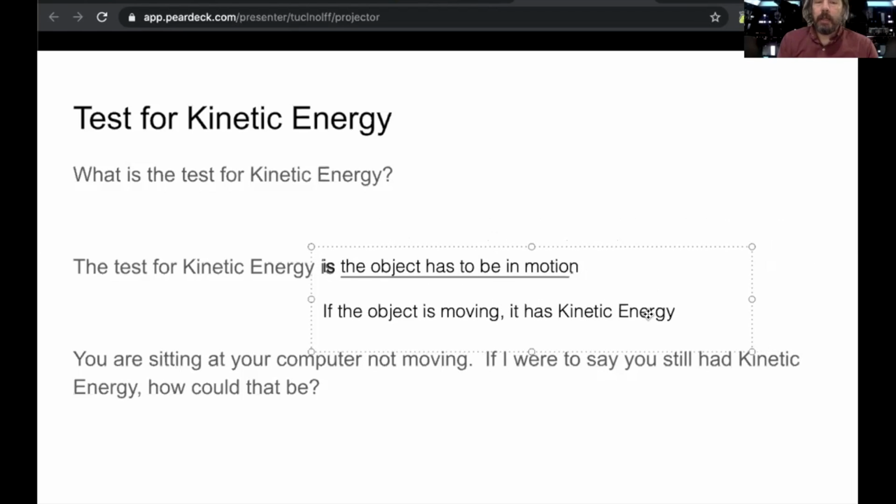The test for kinetic energy is the object has to be in motion. If the object's moving, it has kinetic energy. That's it. So we could talk about work and how it's connected, but me as a person looking around the world, if I see an object moving, it has kinetic energy.